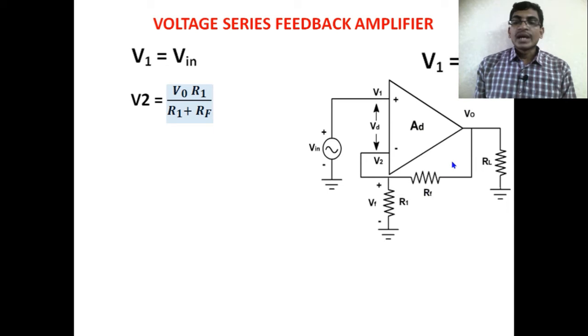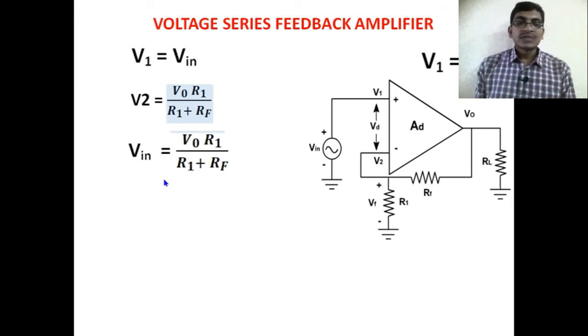By applying the voltage divider rule, V0 into the resistance R1 divided by the total resistance R1 plus Rf. So V2 is equal to V0 into R1 divided by R1 plus Rf. Therefore, we already know V1 is equal to V2 is equal to Vin.